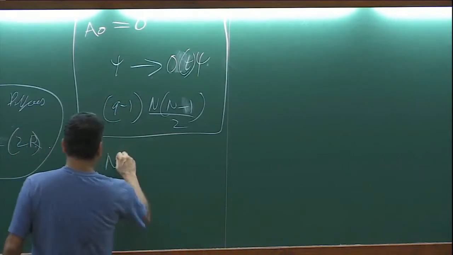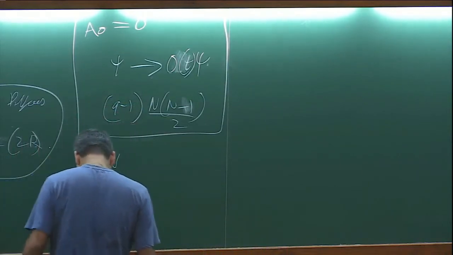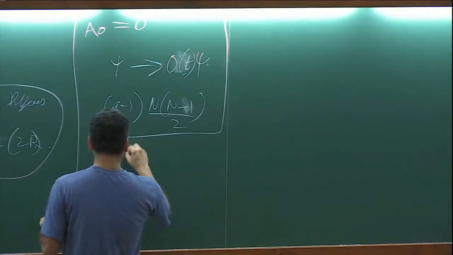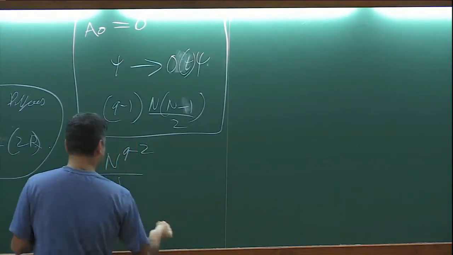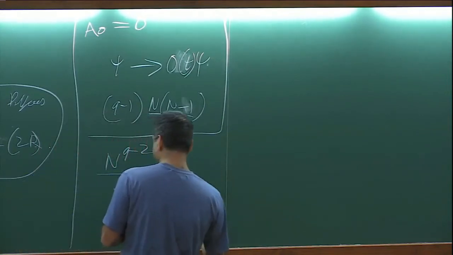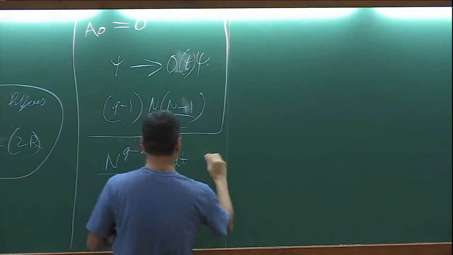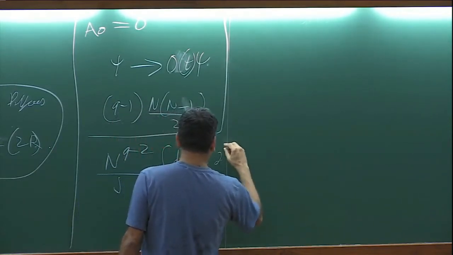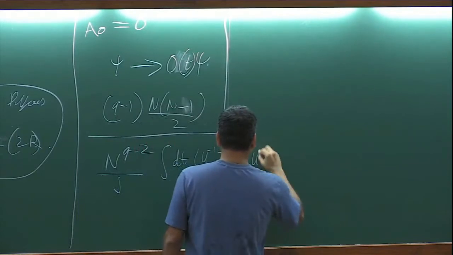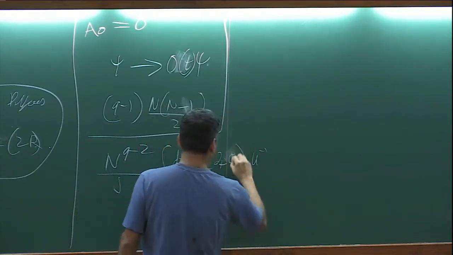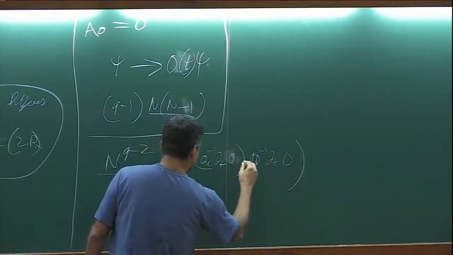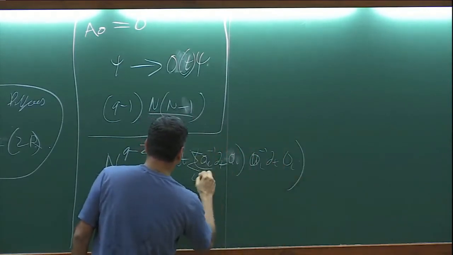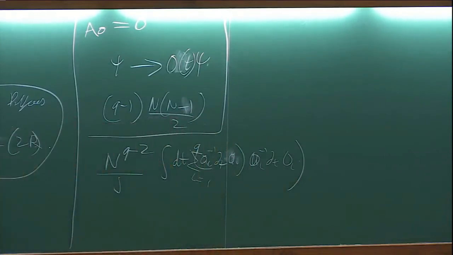The Lagrangian is N^(q-2)/J times the integral dt of the trace of U inverse del_t U, with O inverse del_t O, which I call O_I, summed over I equals 1 to q, and a trace.